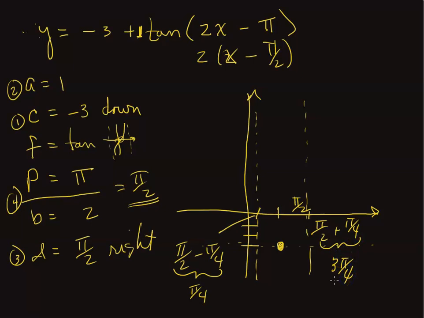A little easier to figure. Down to a -3. Tangents, there's no negative there, so start down, end up. You should be able to do the problems for section 4.3.